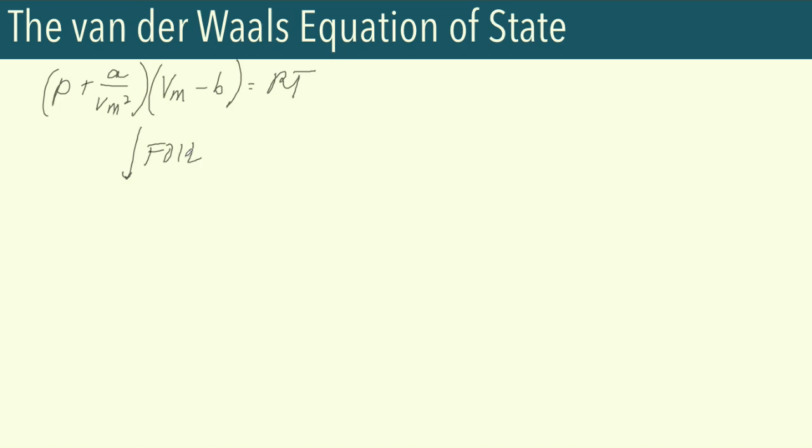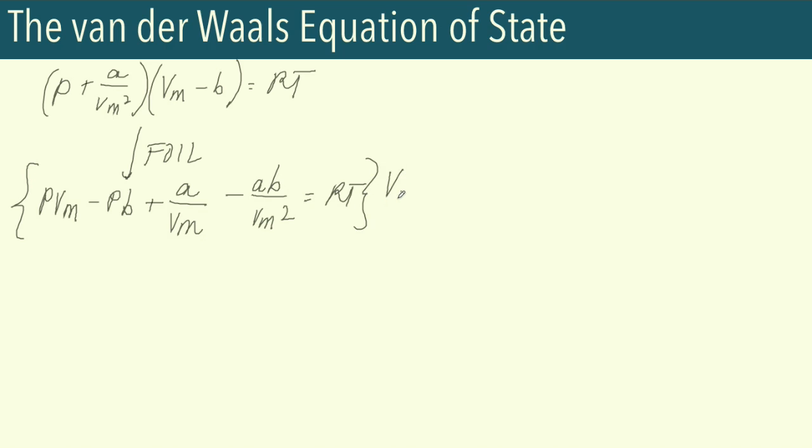Based on this, we get first term PVm, outer terms minus PB, inner terms we have A over Vm, and then our last term minus AB over Vm squared. So this is all equal to RT, right? Let's get rid of the denominator in our term here.